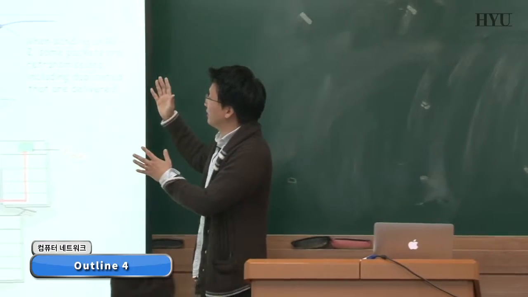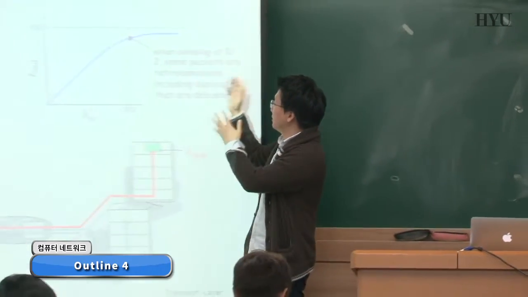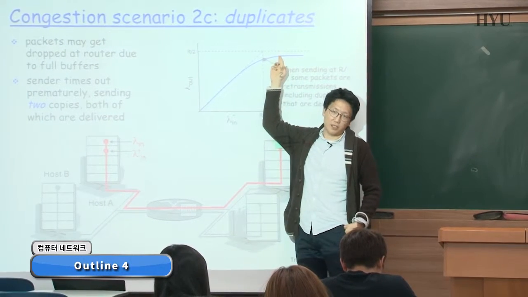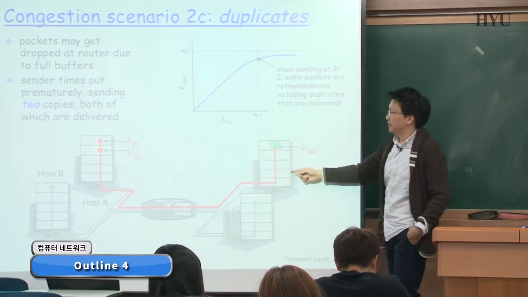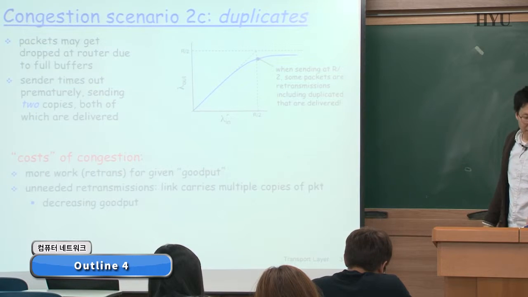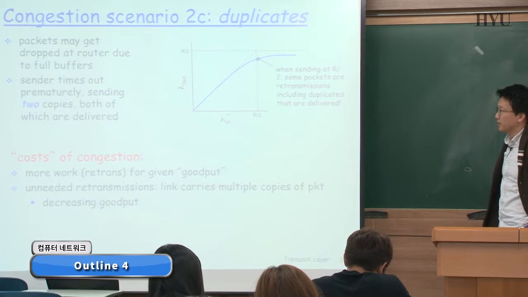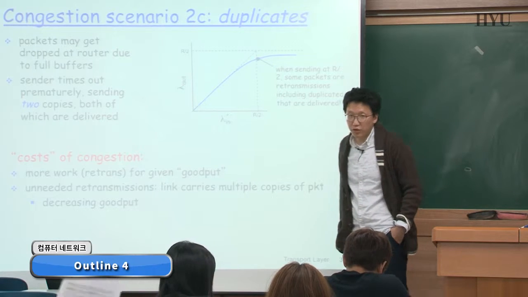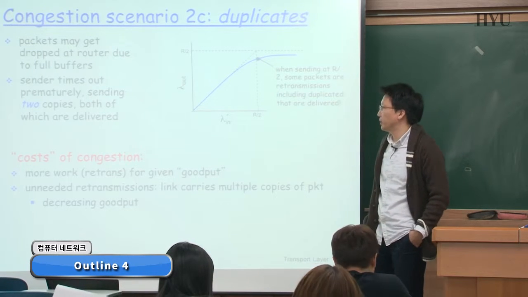So same thing again: some packet retransmissions due to duplicates, you still need to send more than is necessary. So this is a waste. Cost of congestion: more work, more retransmissions for a given goodput.